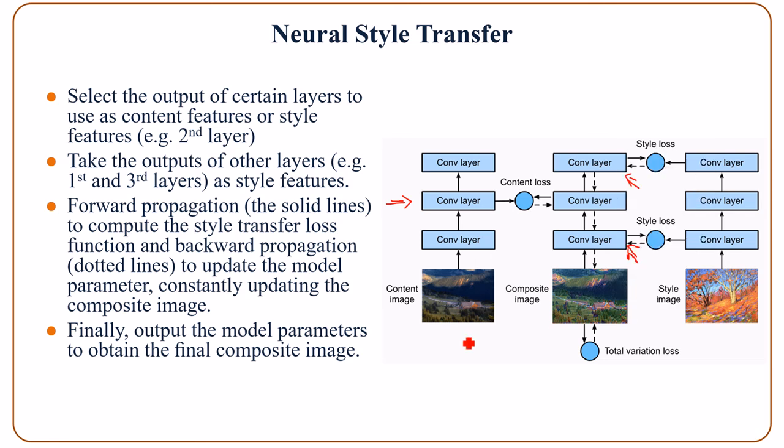We have the content image. We initialize the composite or the generated image using the content image. And we have the style image. We do forward propagation for all those images through the network to compute the content cost and the style cost, right?